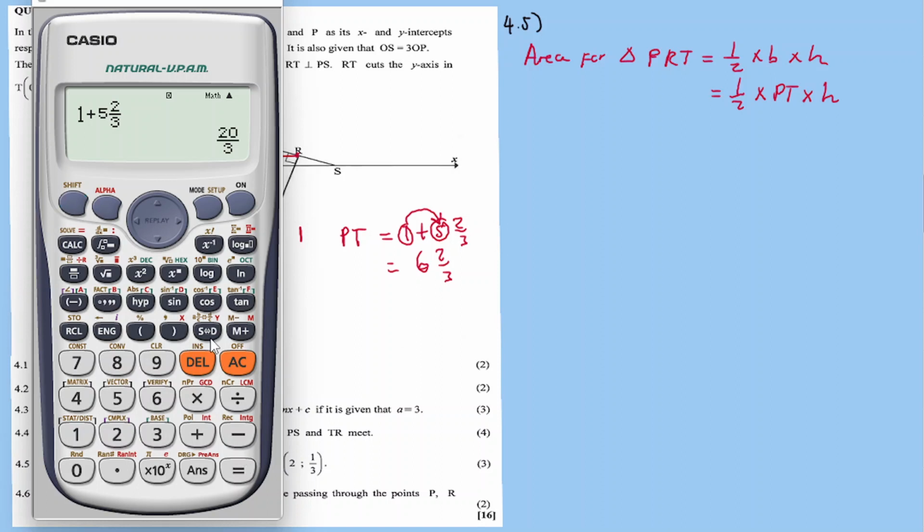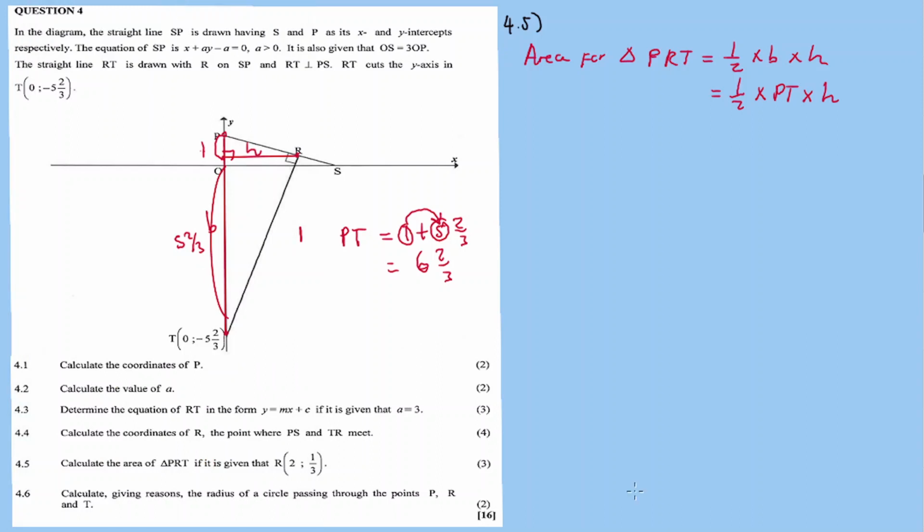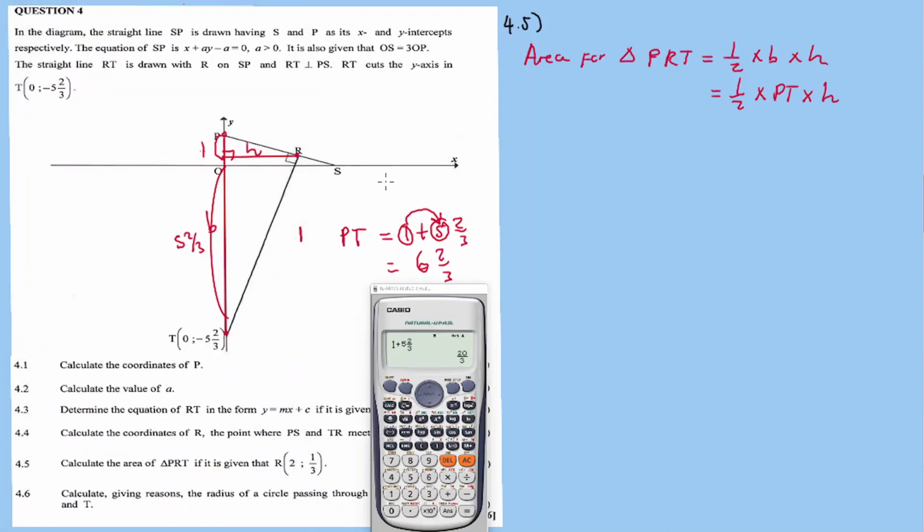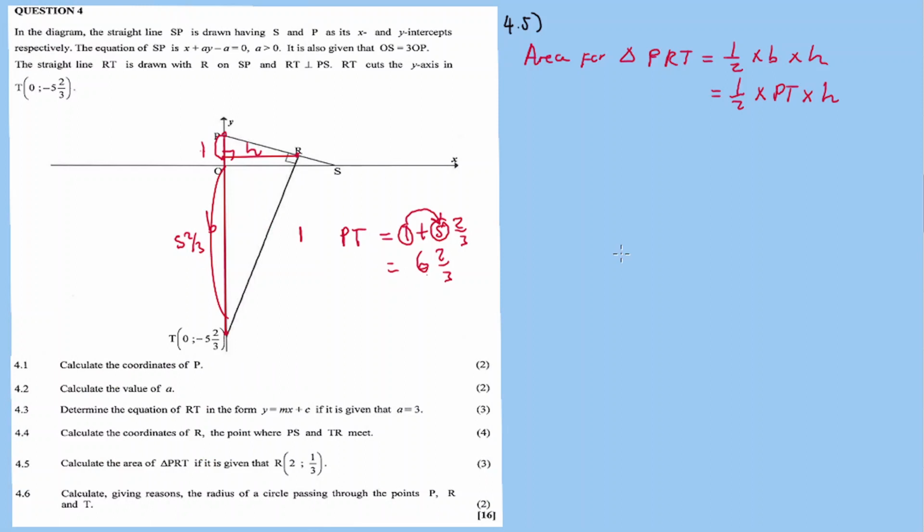You can use shift to get the answer, 6 2 over 3. You can leave it as a mixed fraction or as an improper fraction. It's up to you, but PT is 6 2 over 3 or 20 over 3.